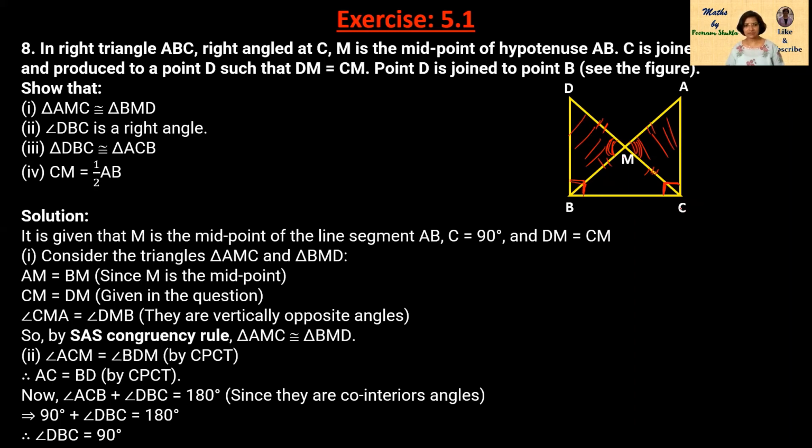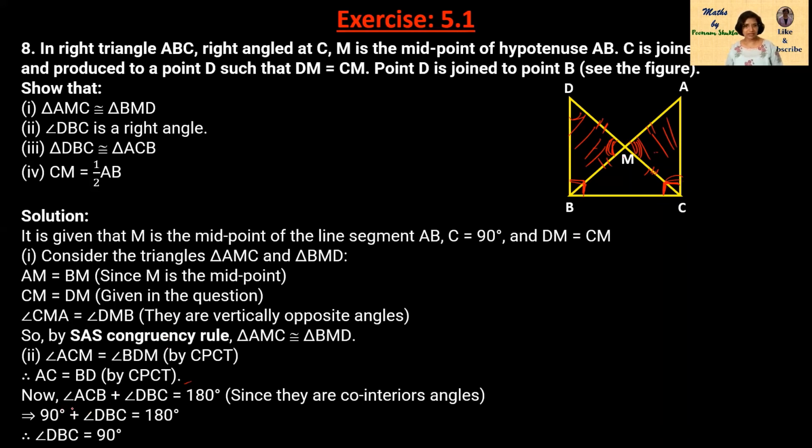How come? By the CPCT rule, because these two triangles are congruent. So by CPCT rule, these two angles are equal. And therefore, AC equals BD. This is also by CPCT rule.